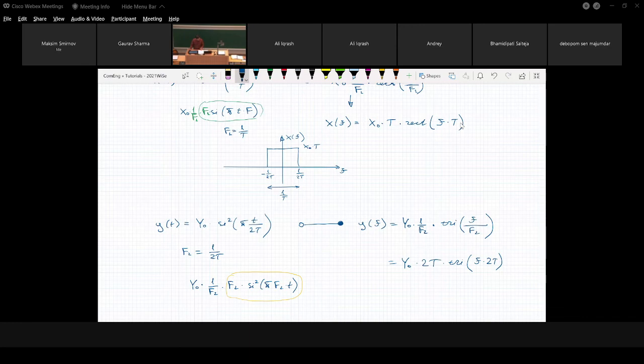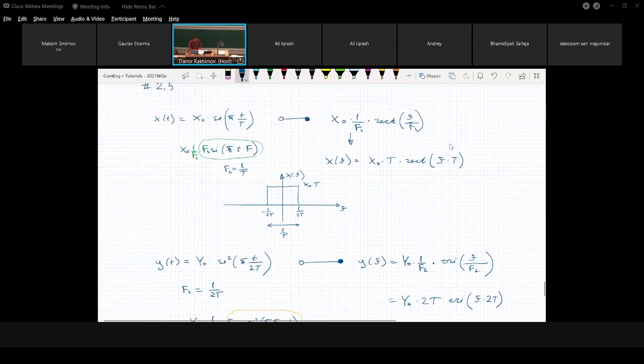Hello. Yes, there is just one doubt in X of f, the spectrum of x of t. Sorry? Sir, there is one doubt in X of f. Okay, yes, what's the question? Sir, the doubt is whenever we find the Fourier transform of a rectangular pulse, we get a Fourier transform in terms of a rectangular pulse.